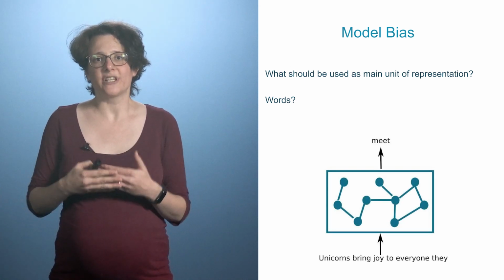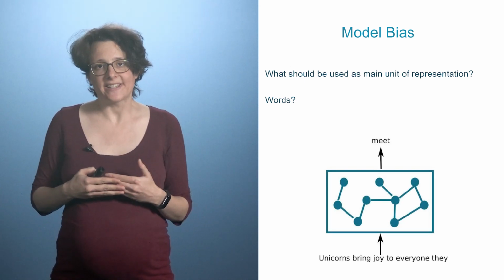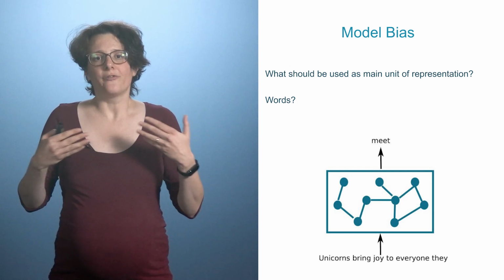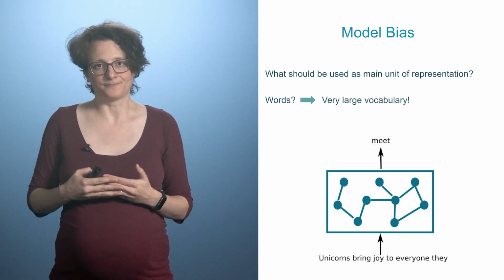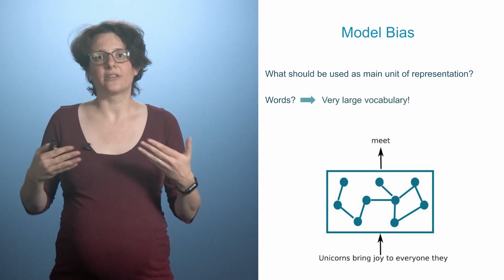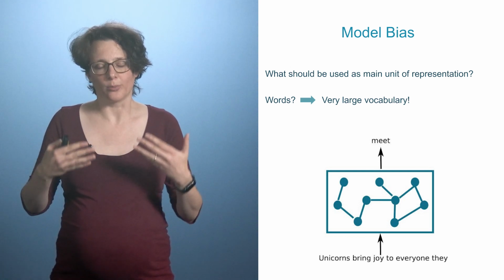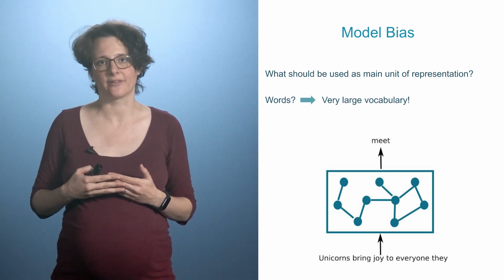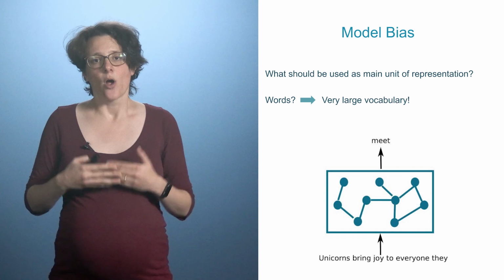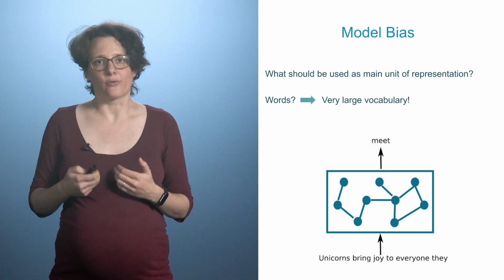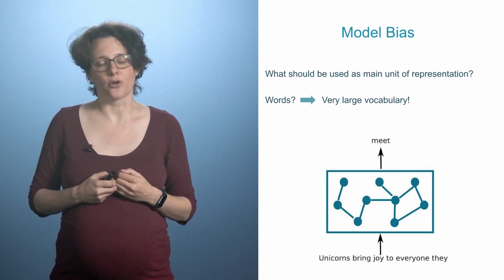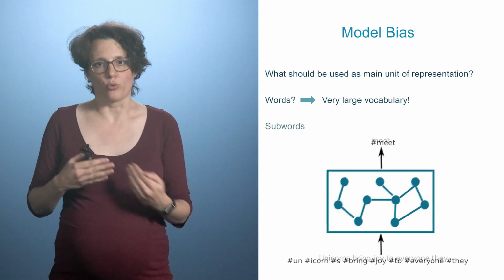If we were to predict upcoming words in text, we would have a very large vocabulary. And this would make the task very difficult and problematic from a computational perspective. In practice, what is used as the main unit of representation in large language models is called a subword.